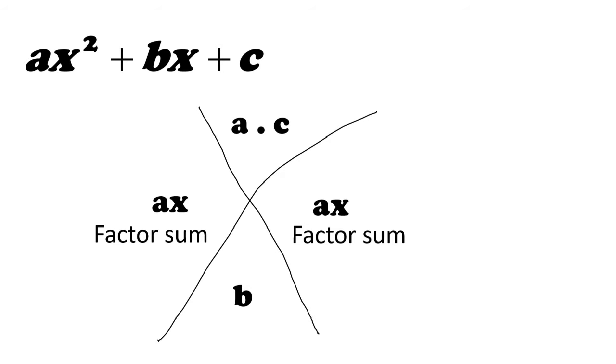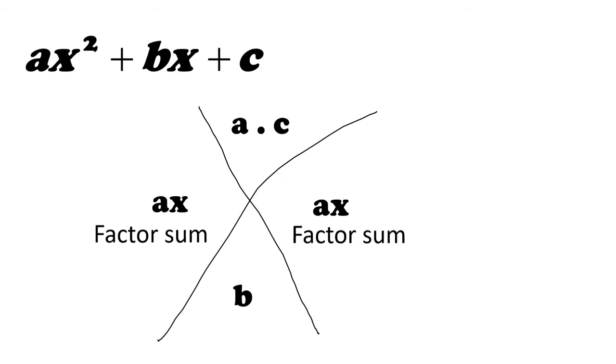Then the numerical coefficient of x squared is multiplied by the last term, the constant term, and written in the upper portion of our box. We copy the numerical coefficient of the linear term and put it in the lower part.